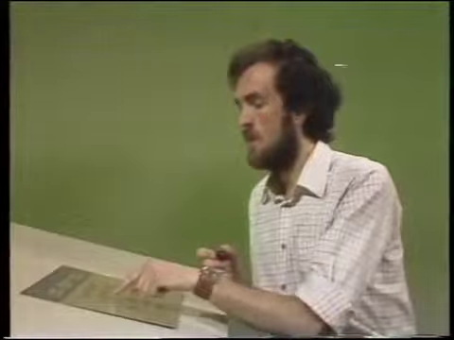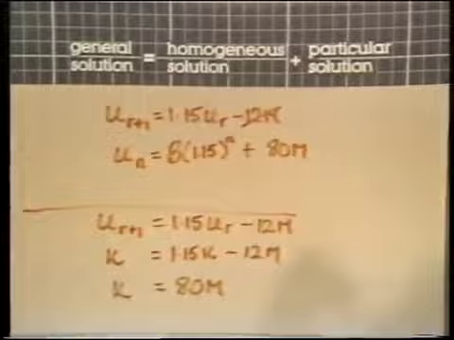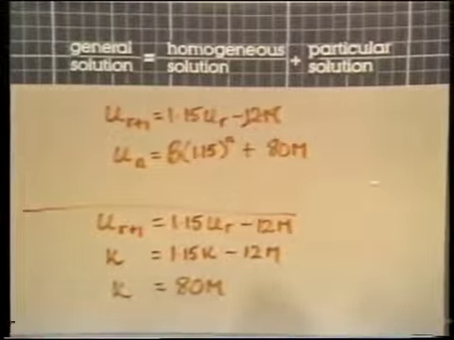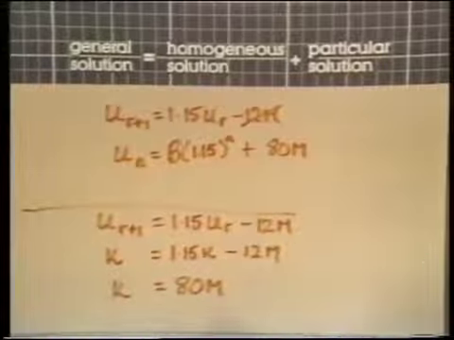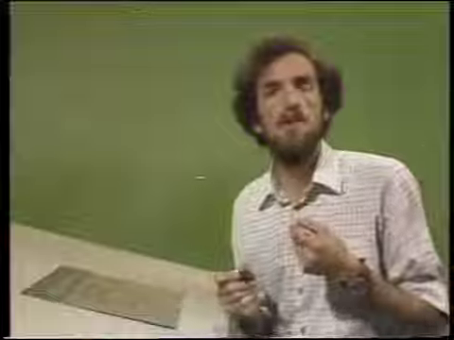Now, this solution involves two unknowns, b and M. And we need two extra conditions in order to get the formula that Pete had earlier. Now, what pieces of information do we have?